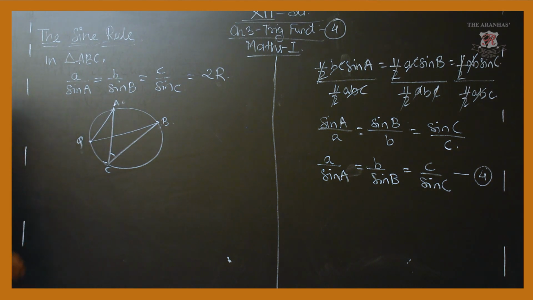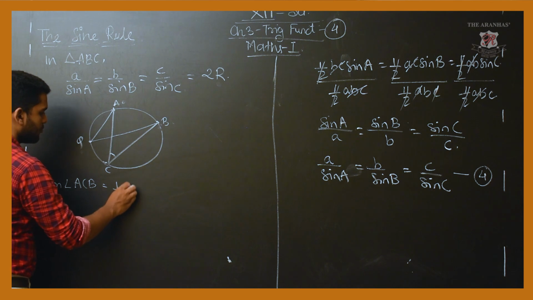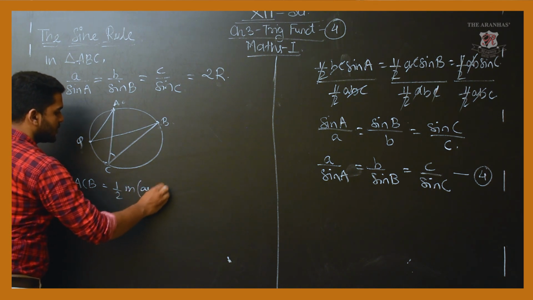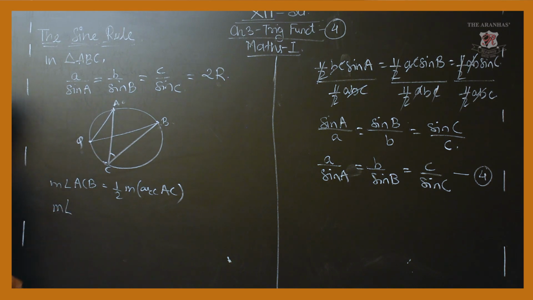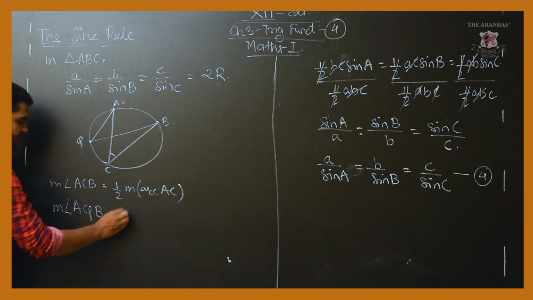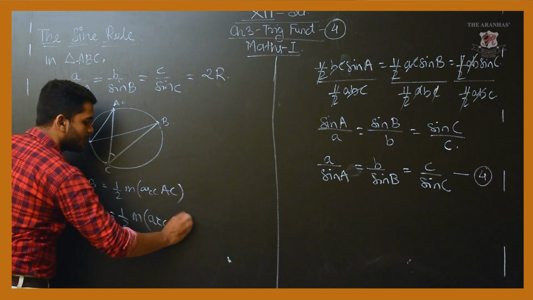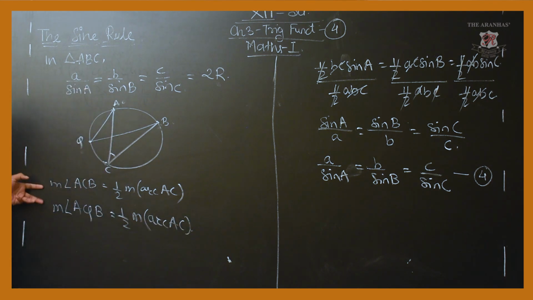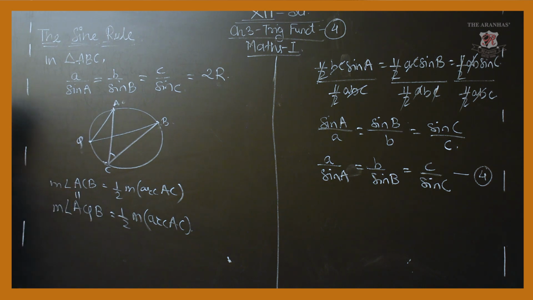So if you observe here, I can write angle ACB is half of arc AB, correct? Also, angle AQB is half of arc AB. But if you see both these equations, I can see the right hand side is same. So I can equate the left hand side.